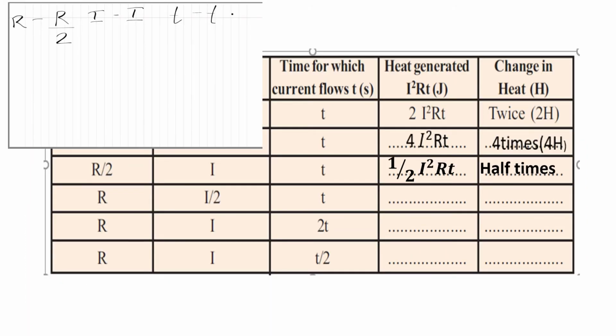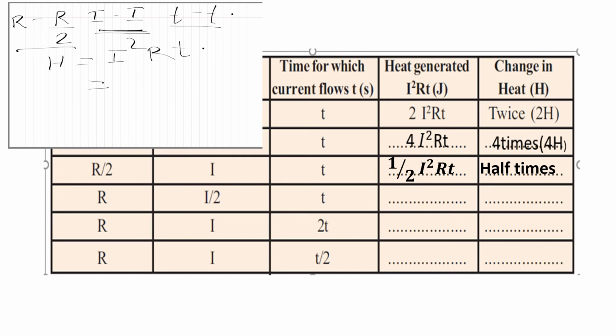Third question: the resistance of the conductor R changes to R by 2, the intensity of the current is I, and the time for which current flows is T seconds. We want to find out the heat generated. H is equal to I squared RT.